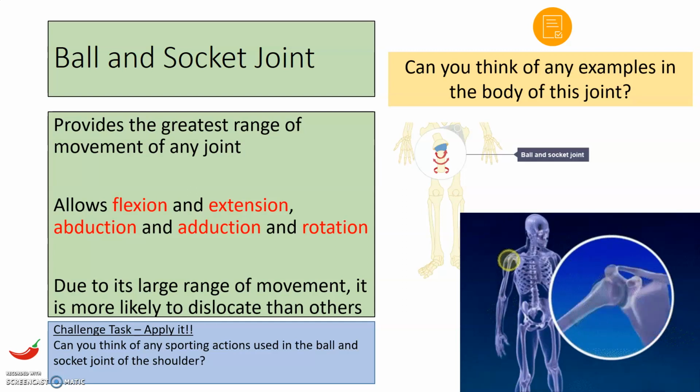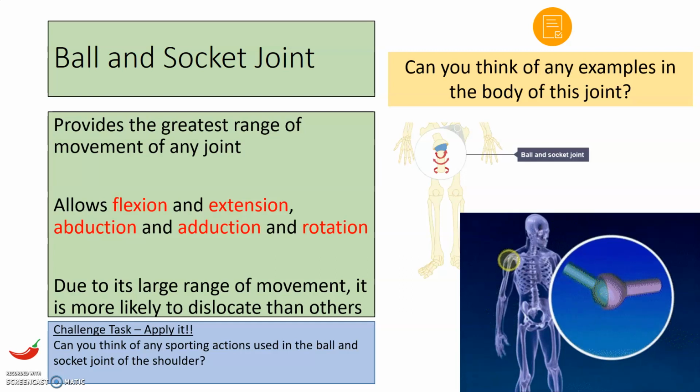We can actually feel that at the shoulder. If you do that movement, you can feel your shoulder joint, your ball and socket joint, rotating. So it's worth doing that and feeling around your shoulder joint to see the type of movements that occur. The other example you could have come up with is the hip. The hip joint is another example.